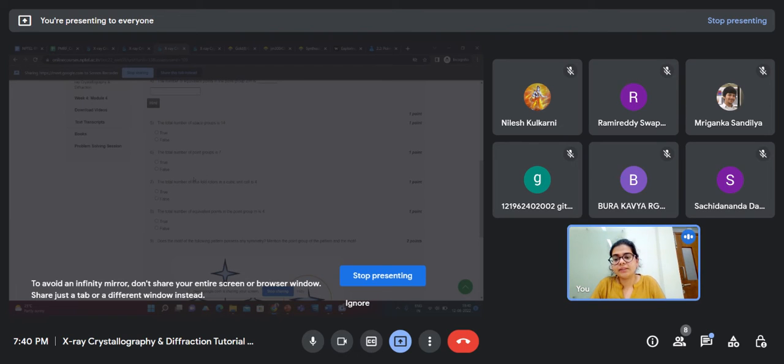So the seventh question is, what is the total number of four-fold rotors in a cubic unit cell?